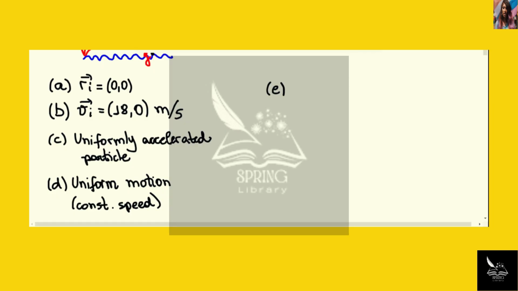In question E, we have to find symbolic equations for the components of the velocity v of the stone as a function of time. So this is vx, vy.